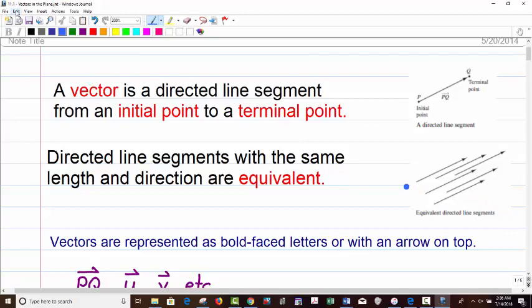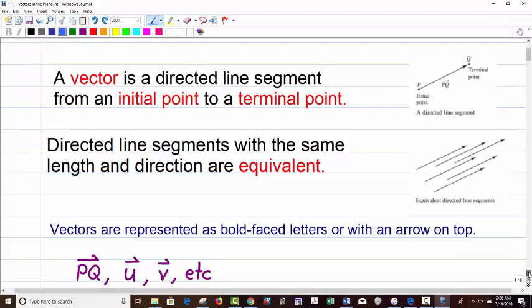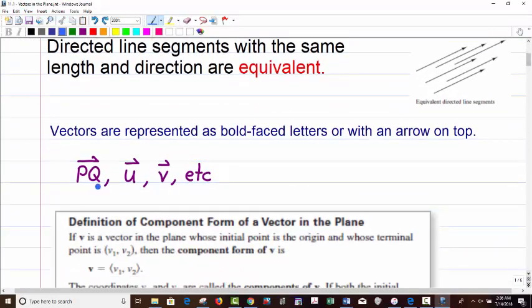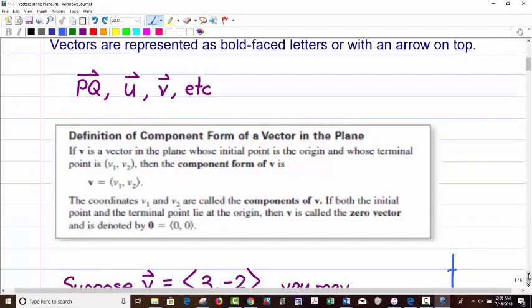Okie doke, so let's see what we got here. And there's where I mentioned the boldface, or the partial arrow on top. Now there's two forms of how vectors can be represented. The first one we're looking at is called component form.